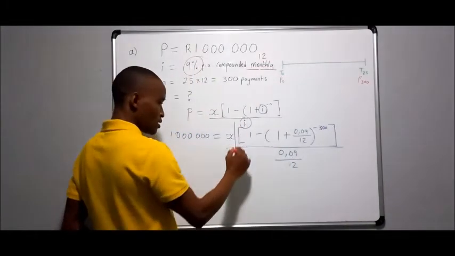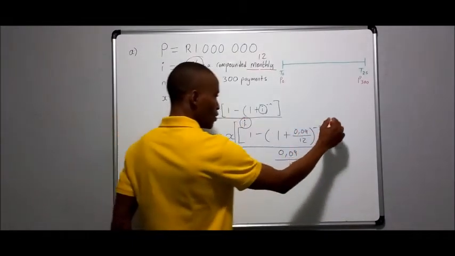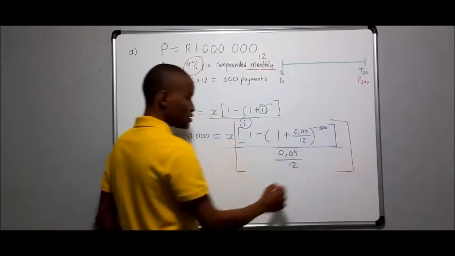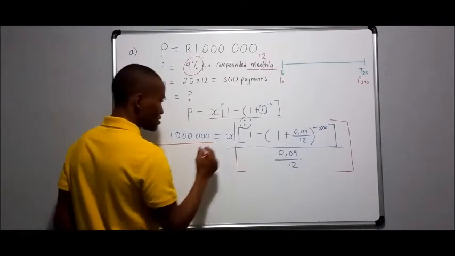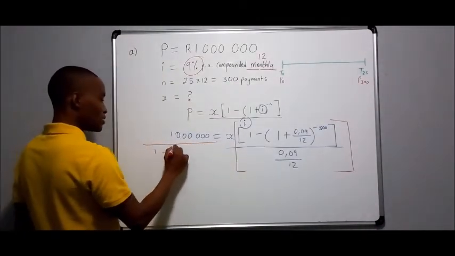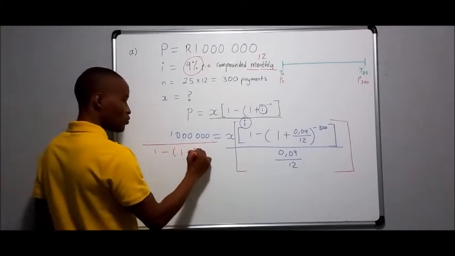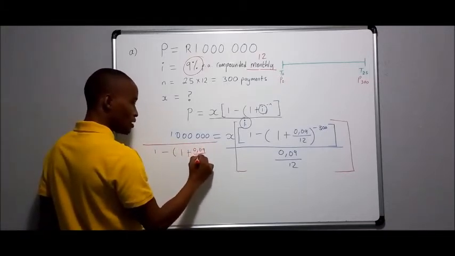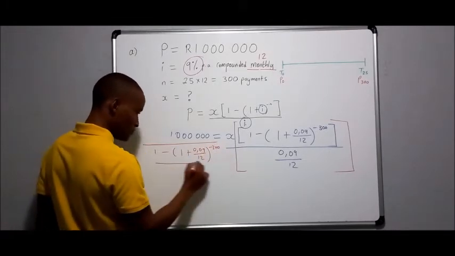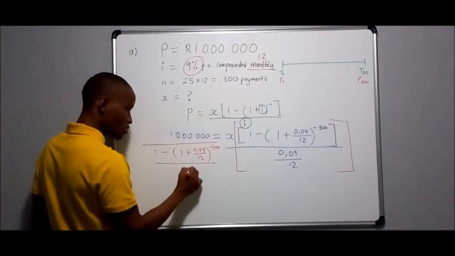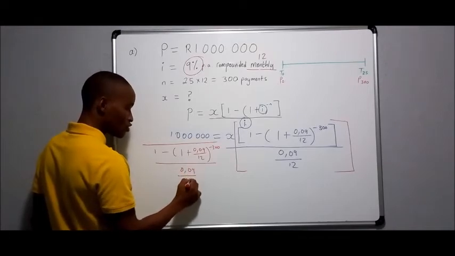So in your calculator, you can divide both sides by this entire expression. This side, you divide by 1 minus 1 plus 0.09 over 12 to the power negative 300, divided by 0.09 over 12.